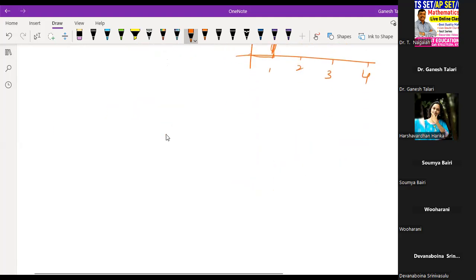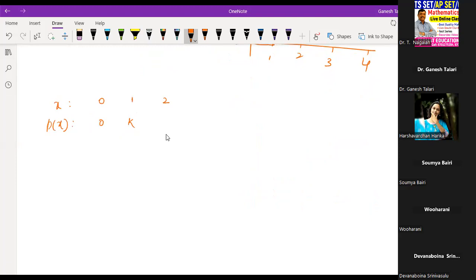See, the random variable x follows the distribution x and their probabilities. If it is 0, your probability will be 0. If it is 1, probability will be k. If it is 2, probability will be 2k.